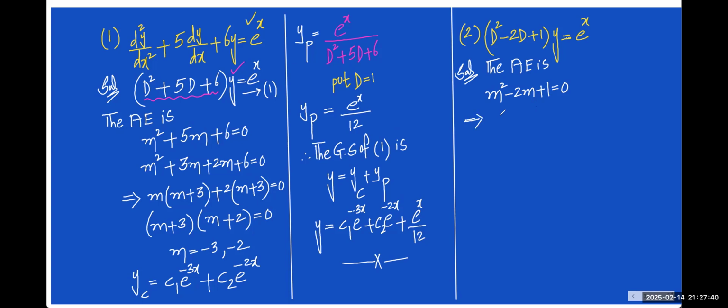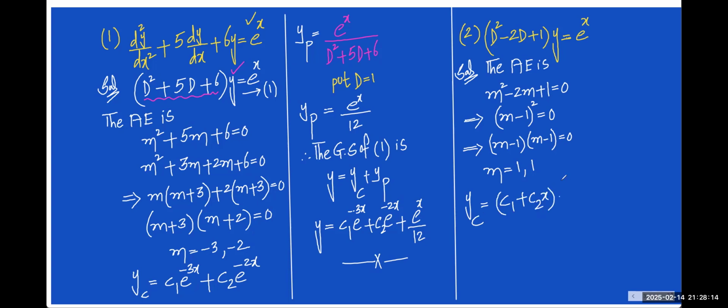This is the expansion of (m minus 1) whole square is equal to 0, which implies (m minus 1) into (m minus 1) is equal to 0, which means the m values are 1, 1. The way of writing the complementary function yc, if they are the same roots, is (C1 plus C2 of x) into e power 1x, so e power x, right?